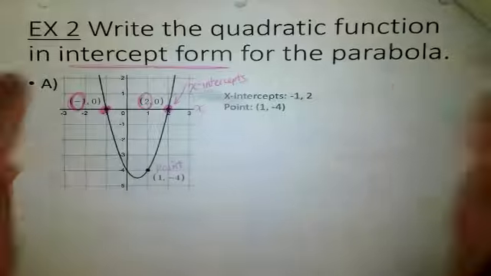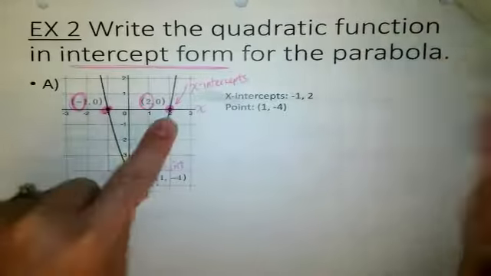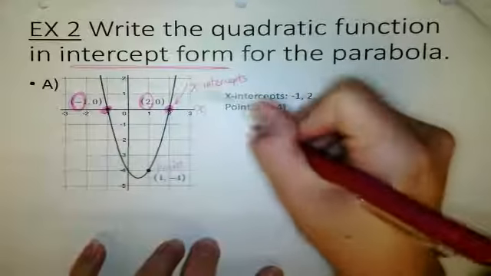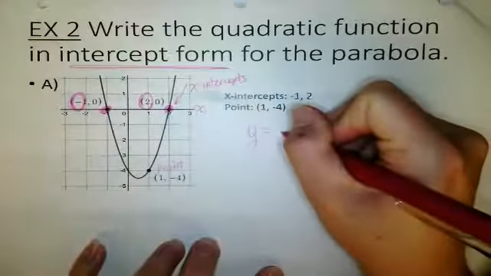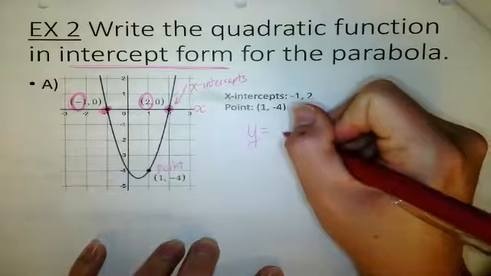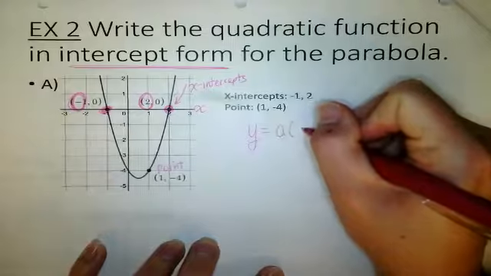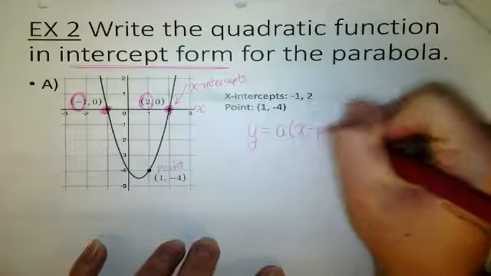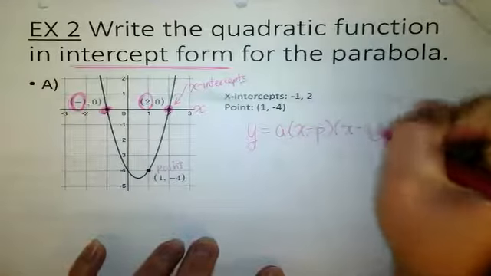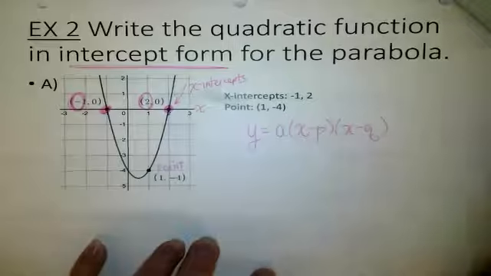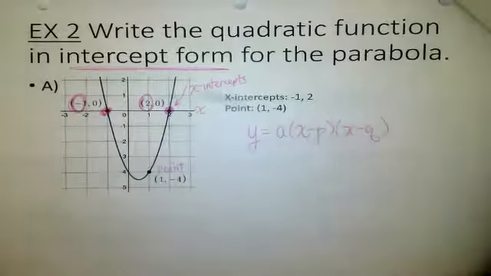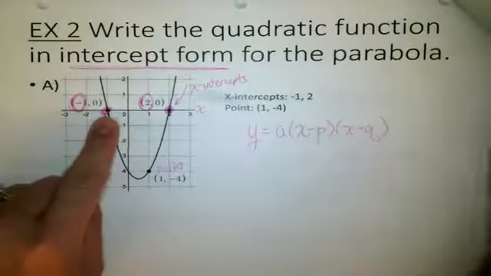Now, they want intercept form since they've given me intercepts. What's intercept form? y equals a quantity, x minus p and x minus q. The p and the q are the x-intercepts, where it crosses the axis.